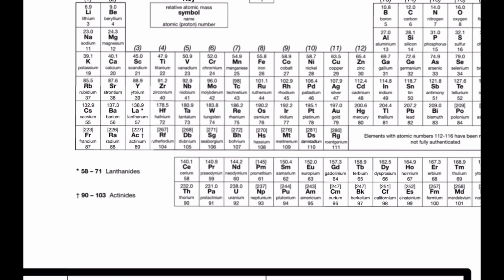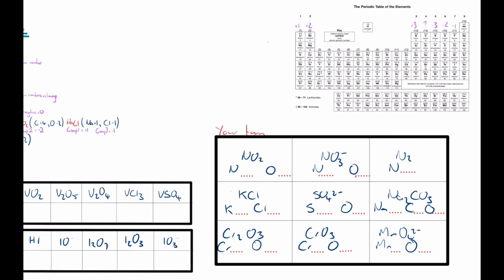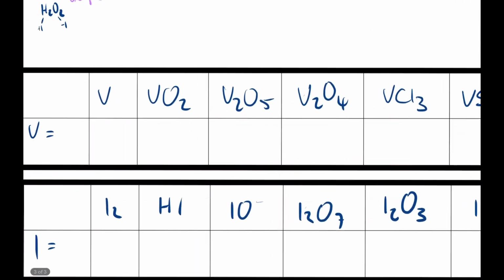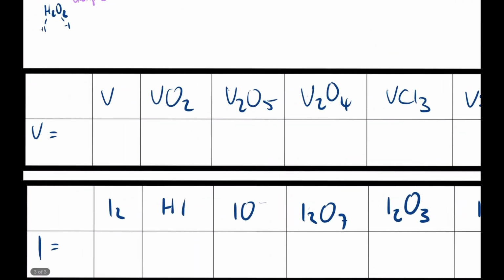Vanadium sits here within our transition metals. It's a super interesting thing where we can have a wide range of oxidation numbers with vanadium, and we'll see that in these examples. So first of all, vanadium in this case is 0, and that's because it's in its elemental state. Next, we've got VO2.